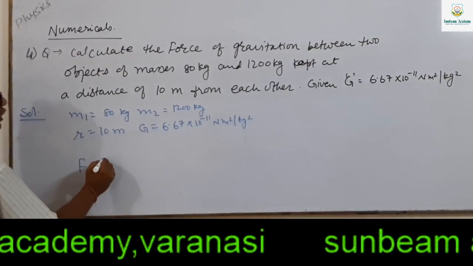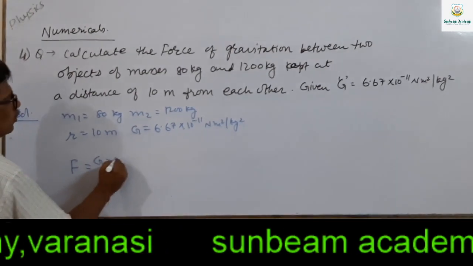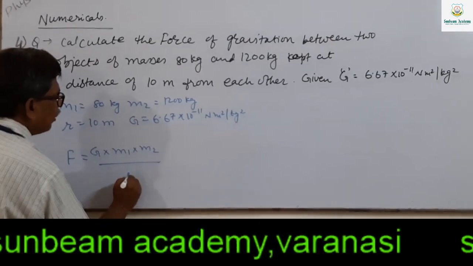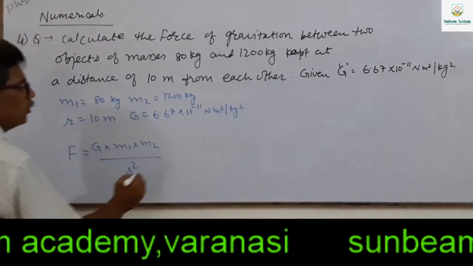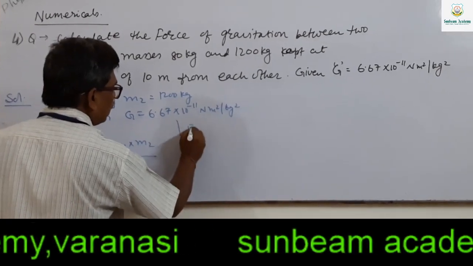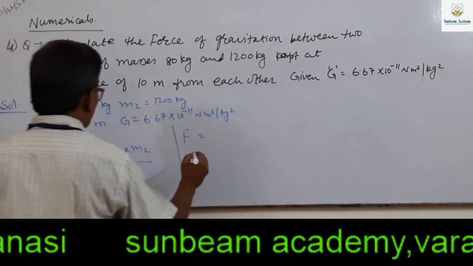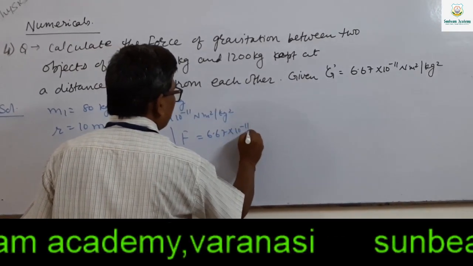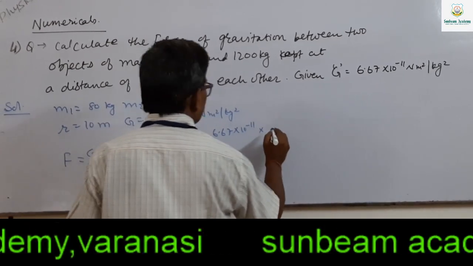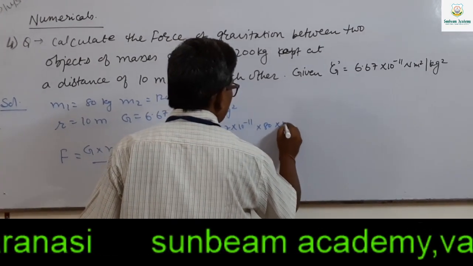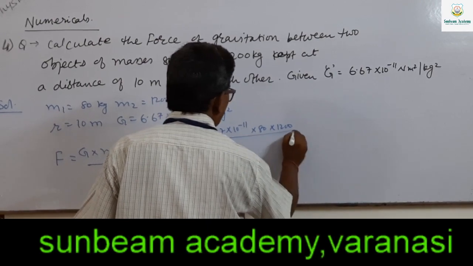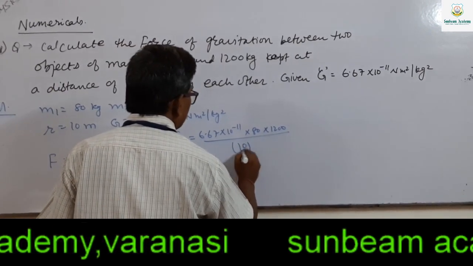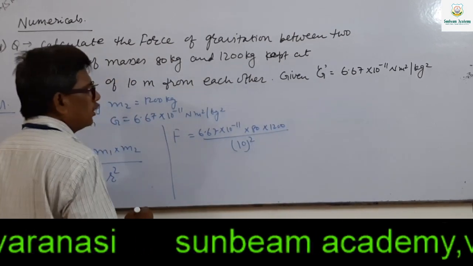Force of gravitation means F is equal to G into M1 into M2 upon R square. Now F is equal to 6.67 into 10 to the power minus 11 into 80 into 1200 upon 10 meter whole square.